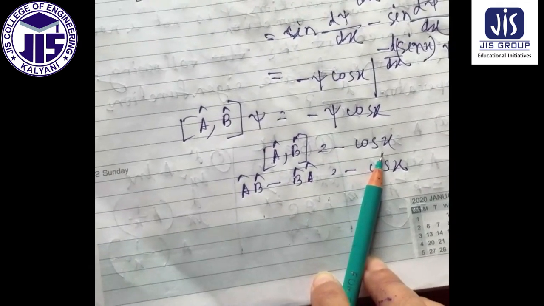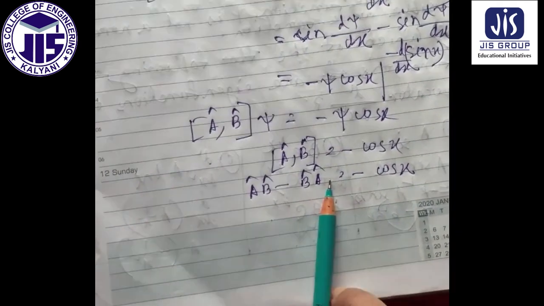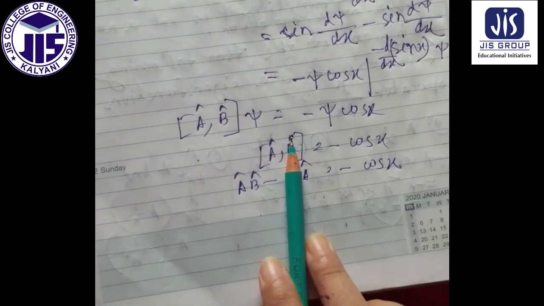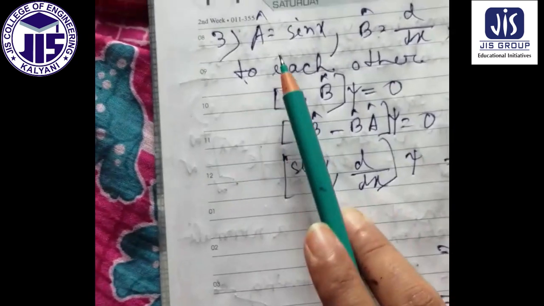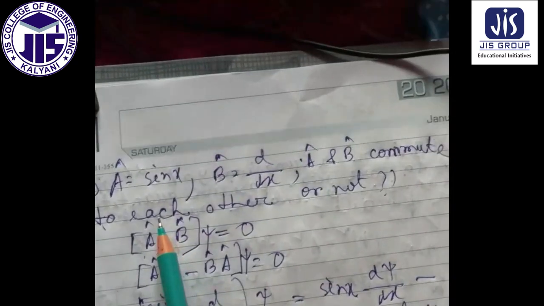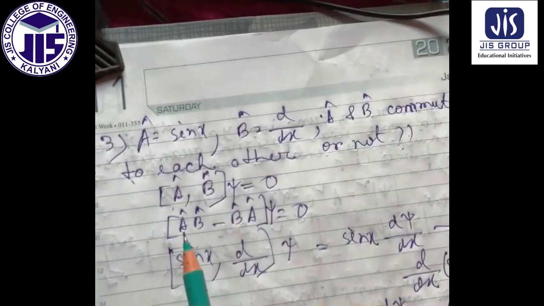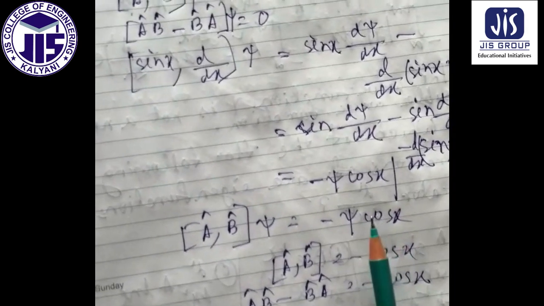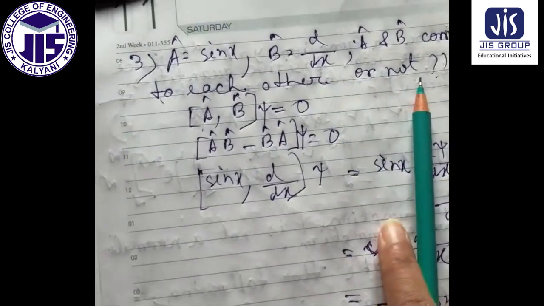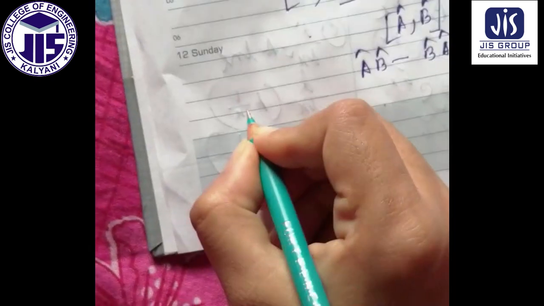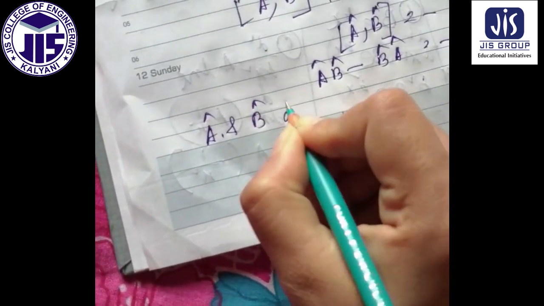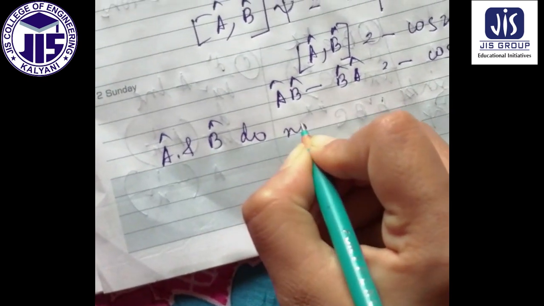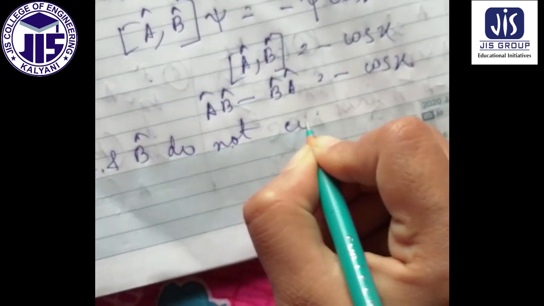So the commutation relation does not hold here. The question was whether a cap and b cap commute to each other or not. So by the answer we can say that they do not commute to each other. So we have to write finally that a cap and b cap do not commute to each other.